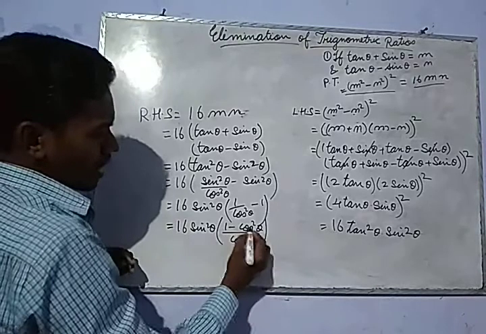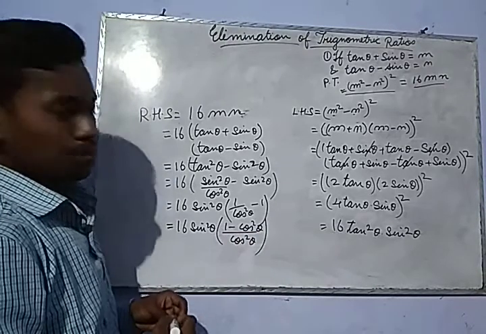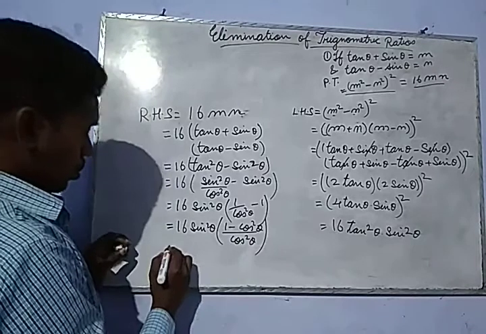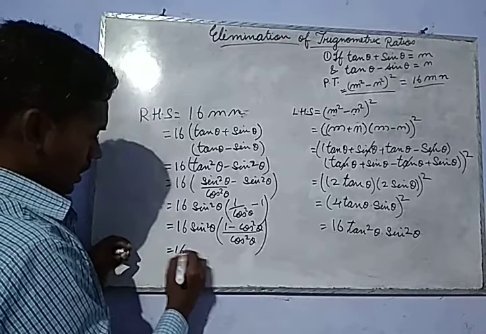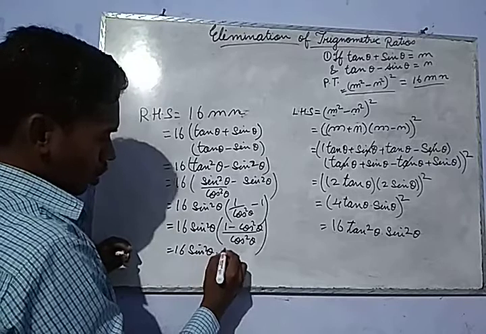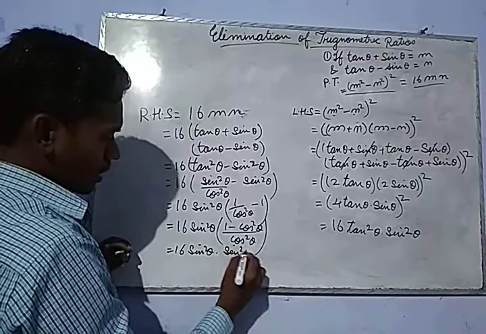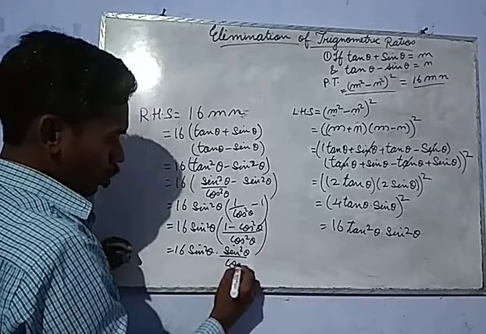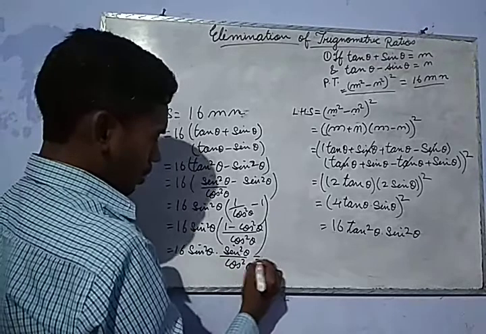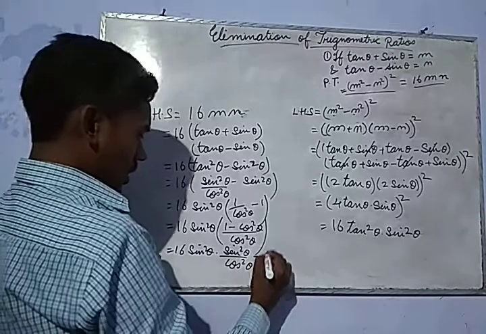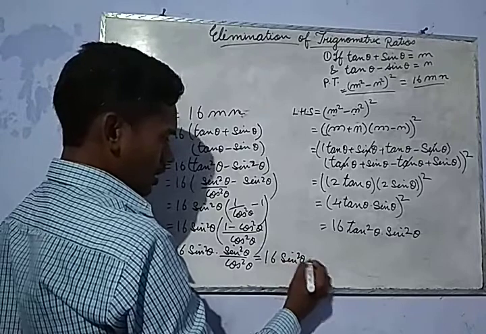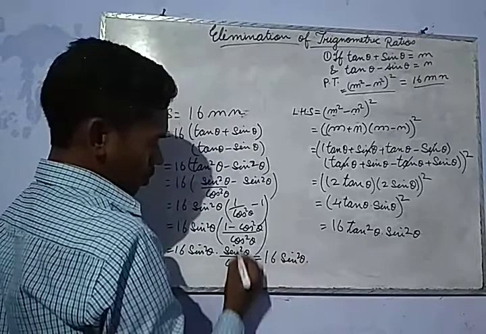We know that 1 minus cos square theta can be expressed as sine square theta. Yes? So 16 sine square theta dot sine square theta by cos square theta, which can be expressed as 16 sine square theta dot, what is this?